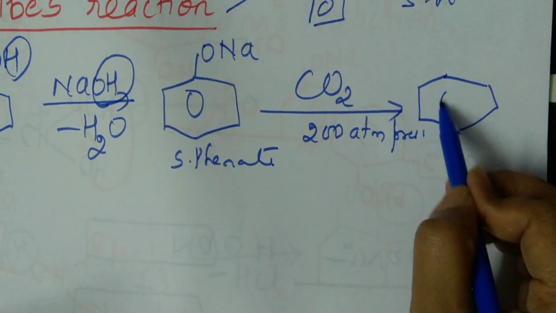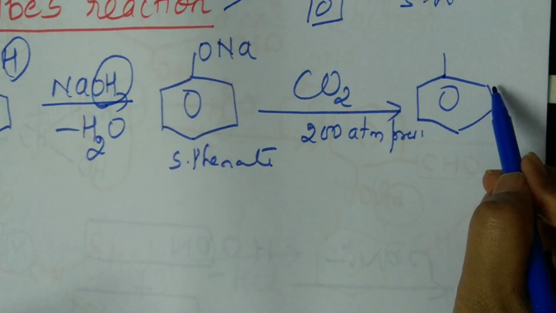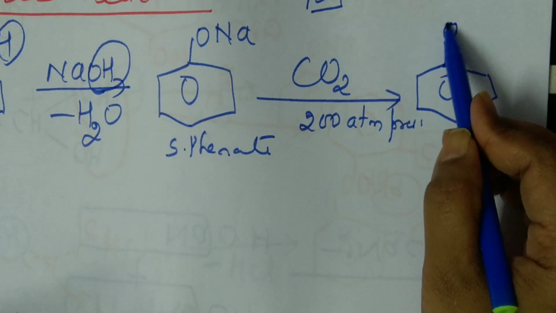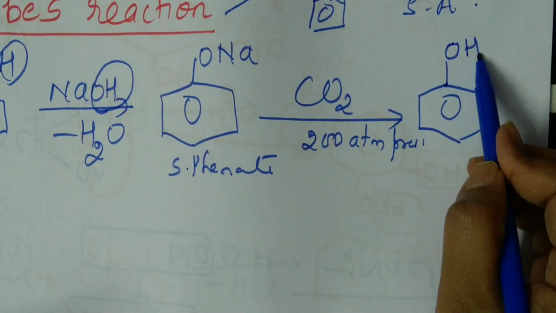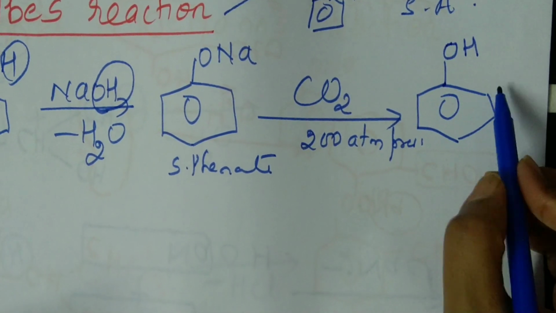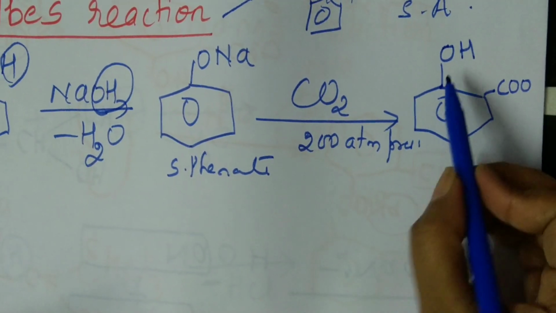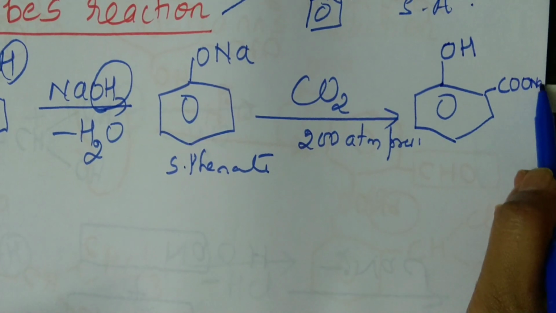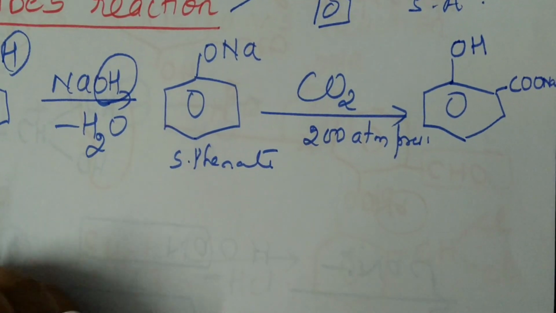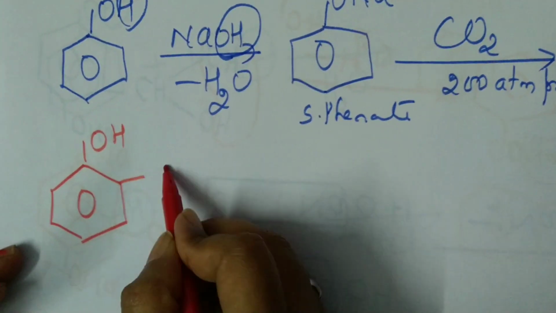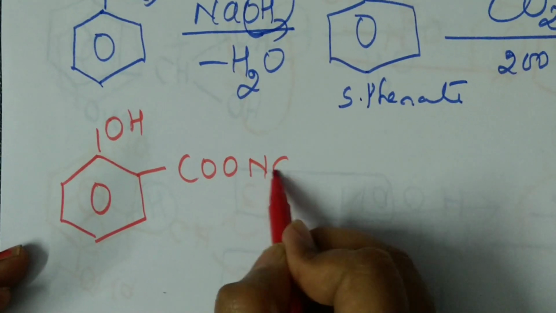So it undergoes a substitution reaction. Hydrogen from here goes out. So that hydrogen will replace sodium, forming OH, and COO will come inside, Na will come and sit here. So what do I get is sodium salt of salicylic acid, COONa.